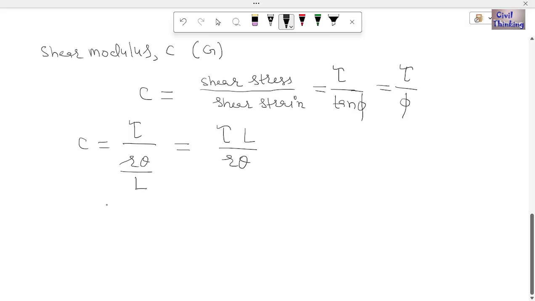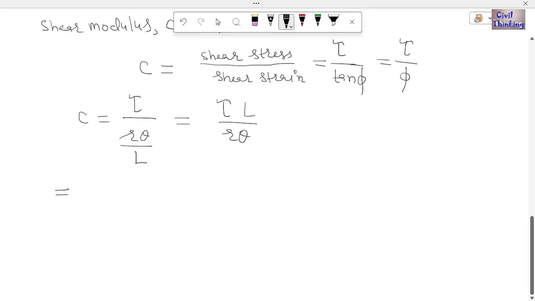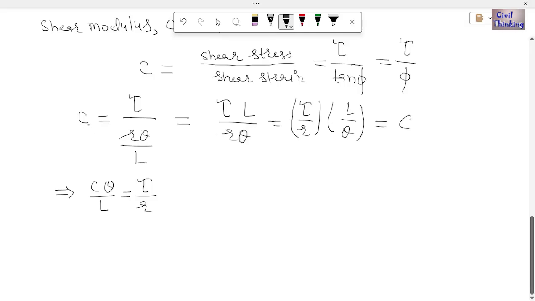Now we can again rearrange this, and we will get C theta divided by L is equal to tau divided by r. Basically, I keep the tau divided by r separate, and L divided by theta separate, and all of it is equal to C.